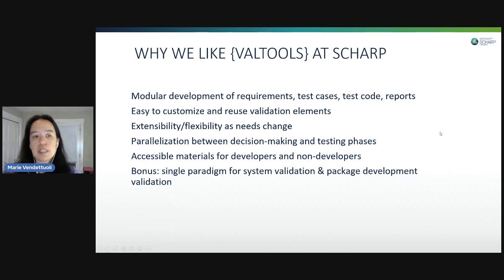There's parallelization between the decision makers and the testing phases. And then there's accessible materials for both developers and non-developers, because whoever is reviewing those requirements is not necessarily somebody who is interested or willing to go to a Git repo and dig through that validation folder. The bonus for us also was that we had a single paradigm for our system validation and package development.